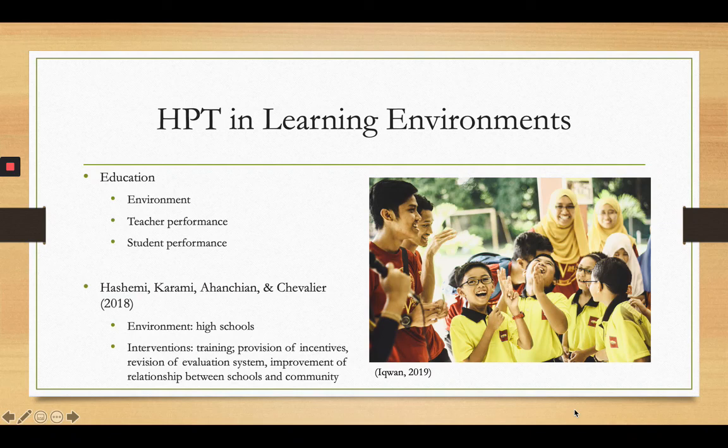The practitioners attributed the poor performance to both the environment and the individuals, including the principals, teachers, and students. The practitioners selected instructional interventions in the form of in-service training and non-instructional interventions in the form of incentives, revision of the evaluation system, and improvement of the relationships between the schools and communities.